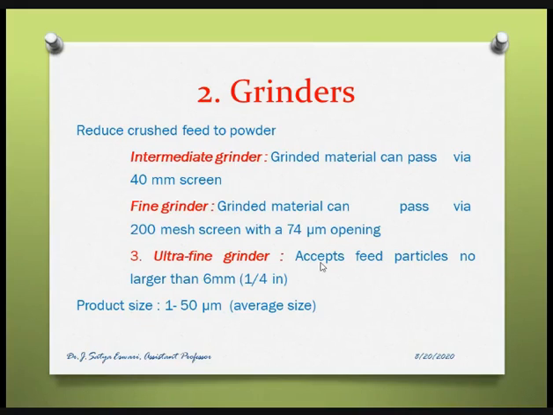It can be a bit larger or smaller. It can be a mixed size, maybe along with crushers, because the equipment is divided into crushers, grinders, ultrafine grinders and cutters. So this is ultrafine grinders.